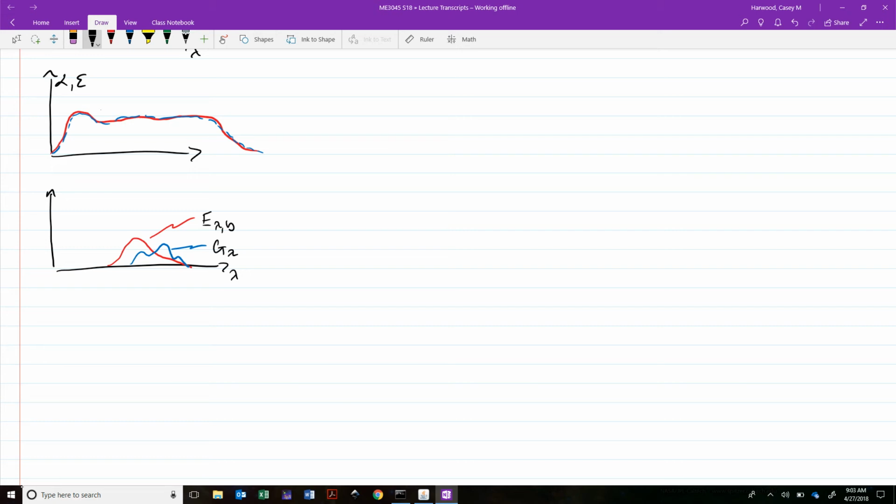And so if the outgoing and the incoming radiation are limited in terms of the wavelengths that they occupy, and if in that range of wavelengths our alpha and epsilon are pretty flat, then this is a case when we can realistically approximate this thing as a gray surface.